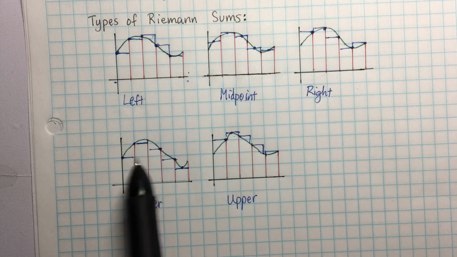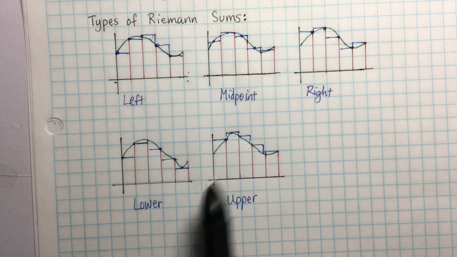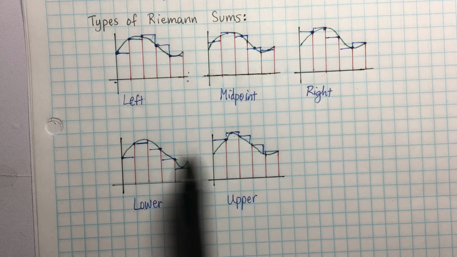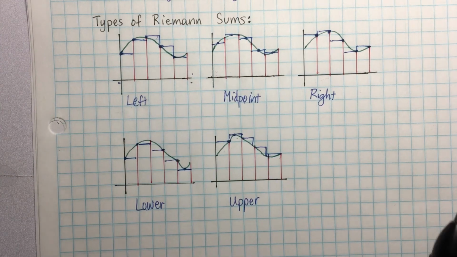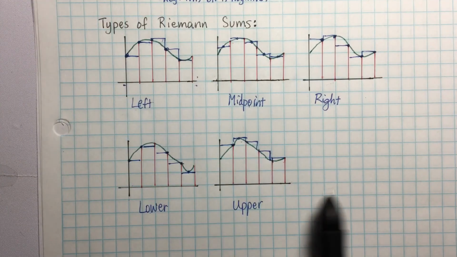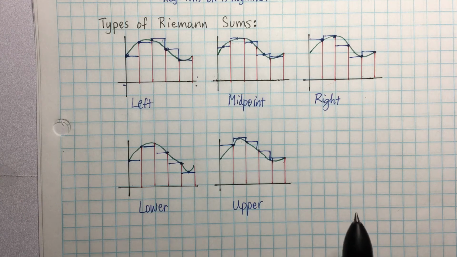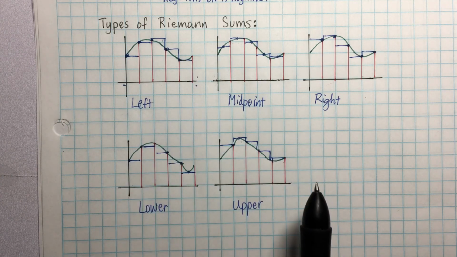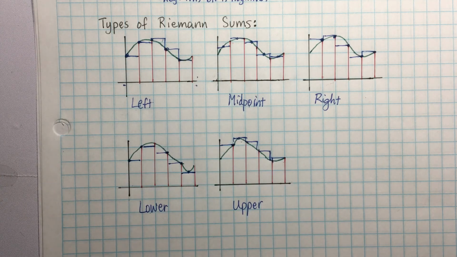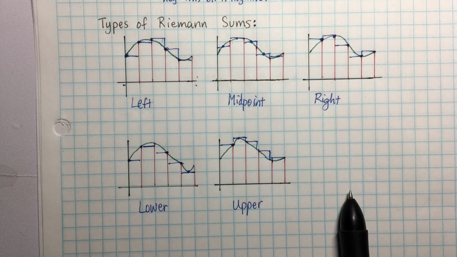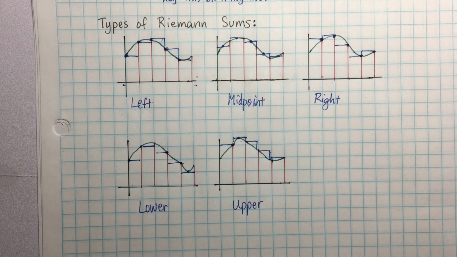So again, no matter what, if it's left, right, midpoint, lower, upper, whatever your way across, as you have more and more rectangles, so instead of 5, you have 5,000, the answers that you would get would all go to the same exact number, where that number is the exact perfect 100% accurate answer.